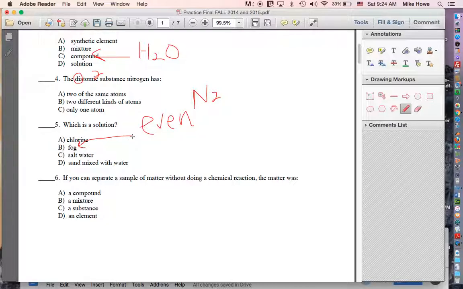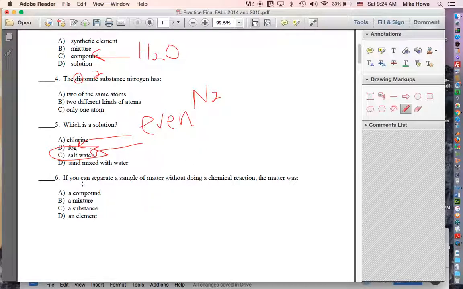If you remember talking about colloids, I showed you a laser beam going through some liquids, that if light is scattered, it's not a complete solution. And fog, from your experience, scatters light. So the only thing that's completely evenly mixed here would be salt water. So your answer is C, salt water. You might want to make a note that a solution is a completely even mixture.